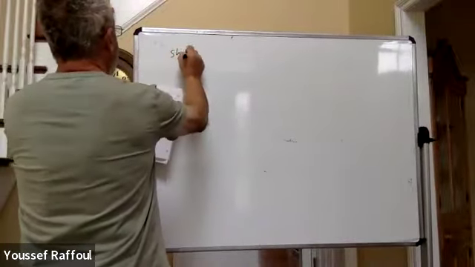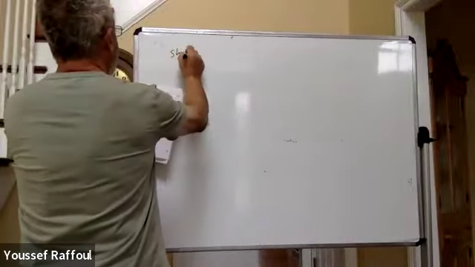Okay, so Definition 3.3.1. For a positive integer k, the unit step sequence u_k(n), or u_n of k, sorry, this is different than the other u, is 0 for 0 less or equal to n less or equal to k minus 1, and 1 for n bigger or equal to k.